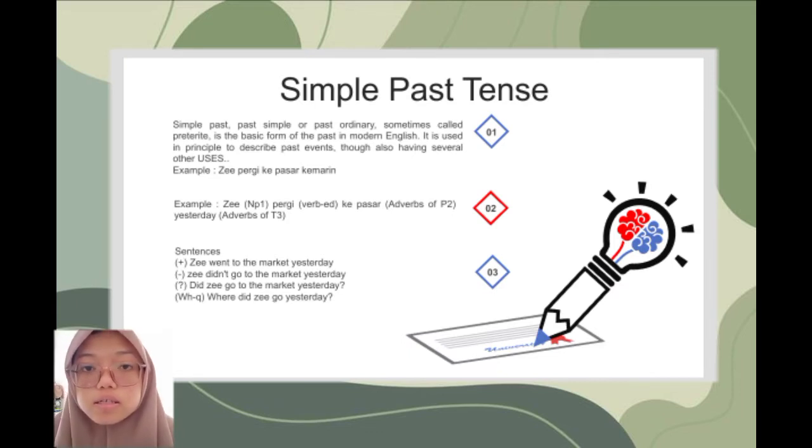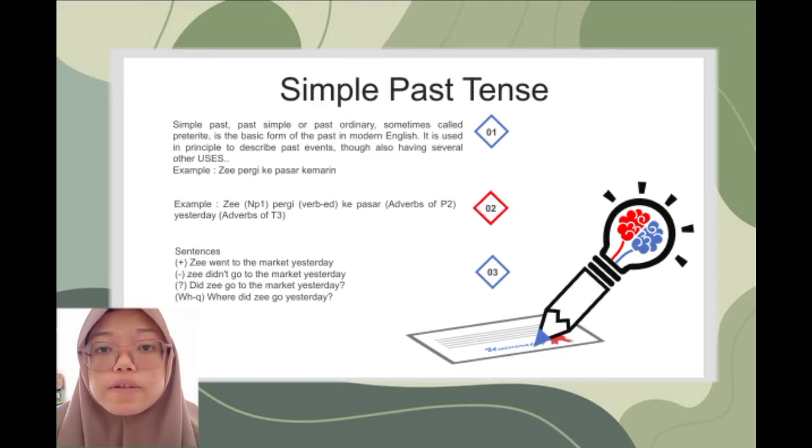Past tense. Simple past, or past ordinary, sometimes called preterite, is the basic form of the past in modern English. This is used to describe past events, though it also has several other uses. Example, Z pergi ke pasar kemarin.